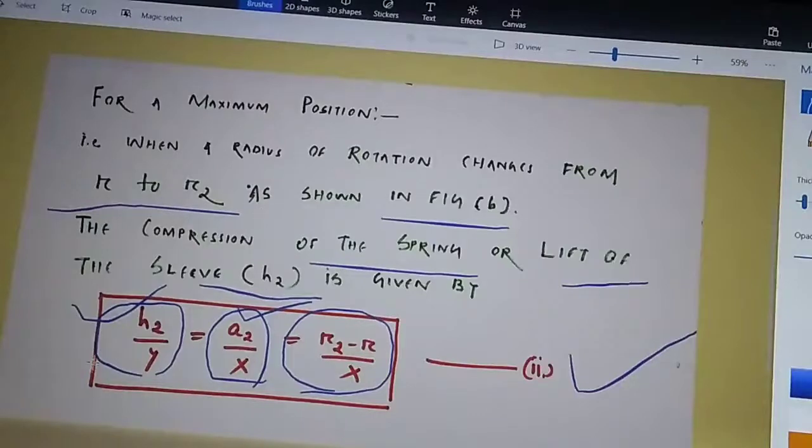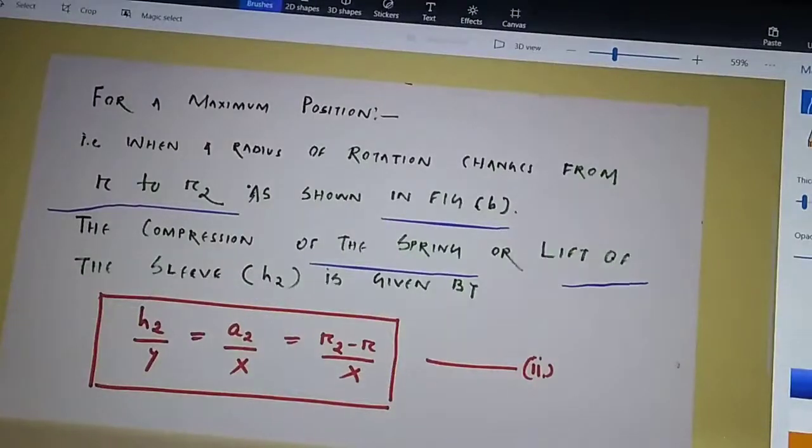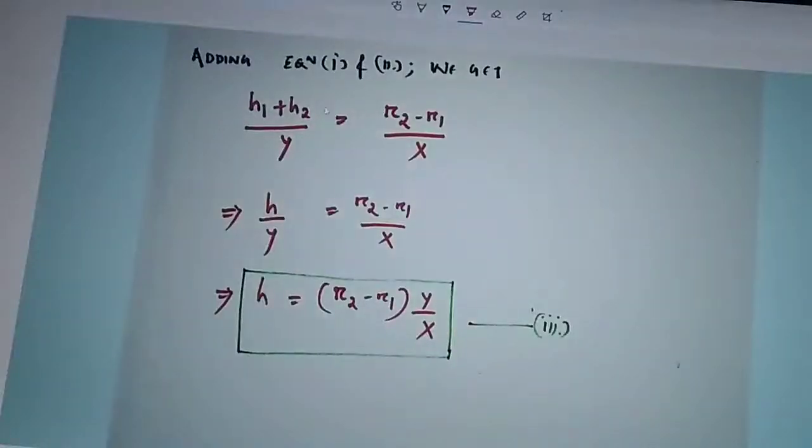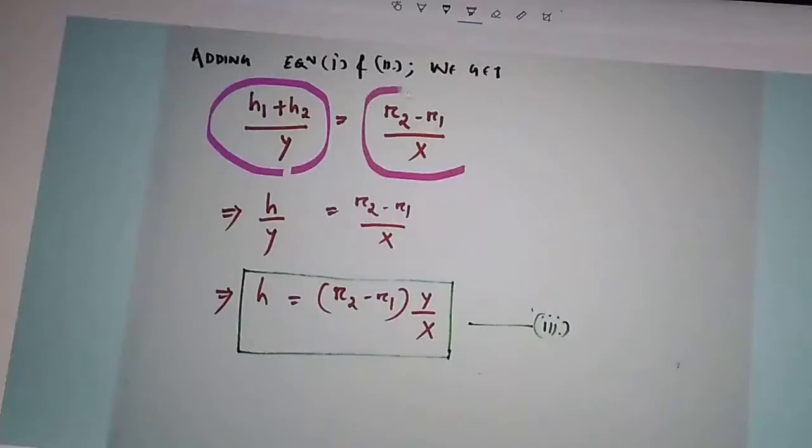Therefore you will add only this H value with the radius of rotation R1 and R2. So adding equation 1 and 2, you will get H1 plus H2 by Y is equal to R2 minus R1 by X, where H is equal to H1 plus H2.